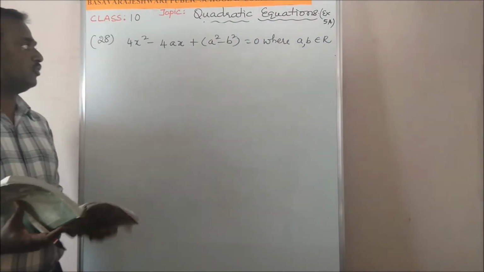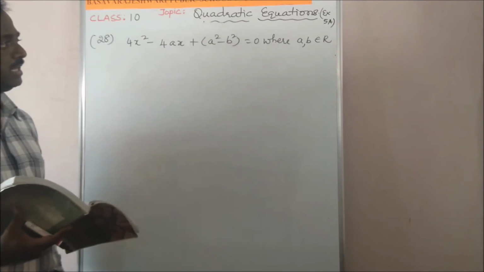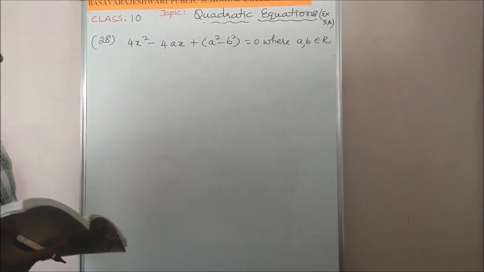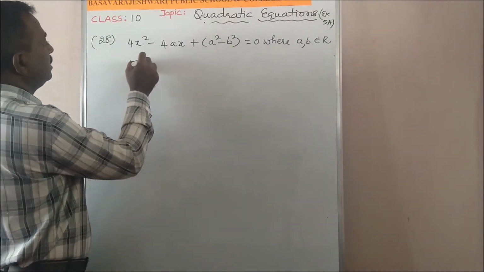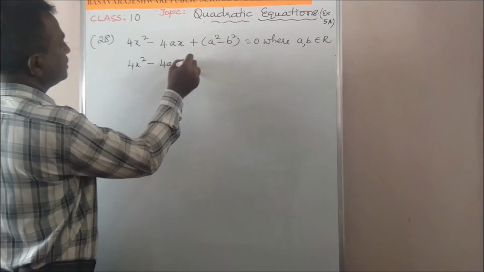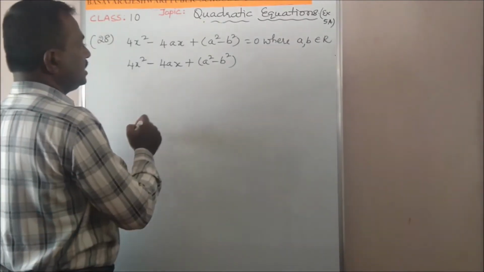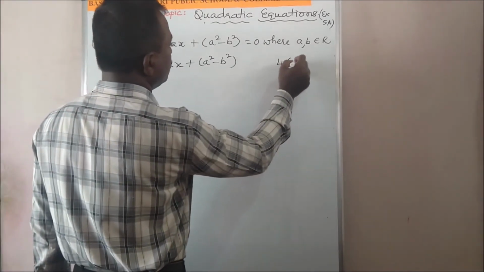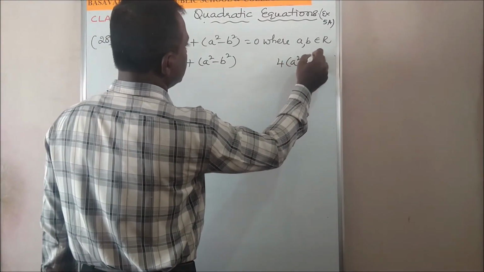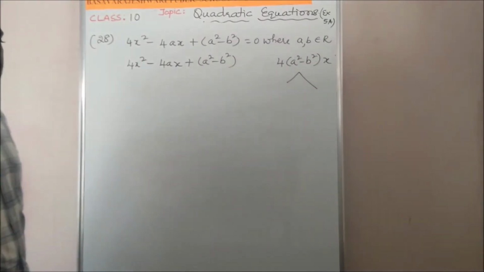So 28 sum: 4x square minus 4ax plus a square minus b square is equal to 0, where a comma b belongs to R. Now we have to use this 4a square minus b square into x, and we have to split into two parts.